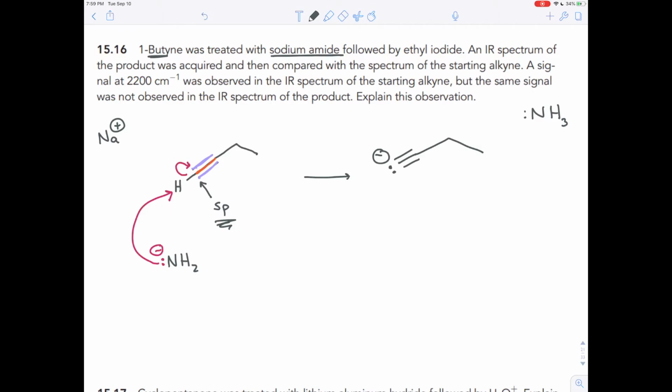And then they say it's followed, in this question, by ethyl iodide. That means we're dealing with 2 carbons. So here's 1, 2, so 2 carbons. And coming off of those, and it doesn't matter where because the molecule is symmetrical, you have an iodine. So that's ethyl iodide.